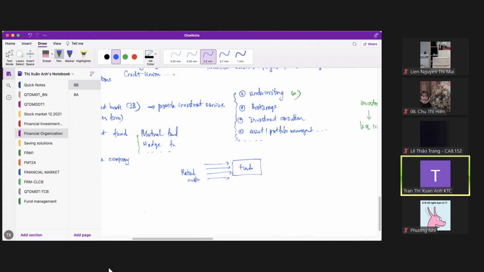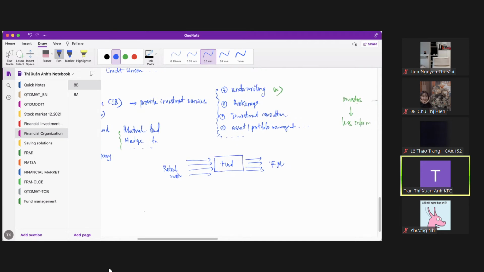So you contribute money into the fund by buying a certificate of the fund. Then the fund collects money from clients and invests in the financial market, so fund managers invest on behalf of the retail investors. That is the meaning and main characteristic of fund managers or investment funds.